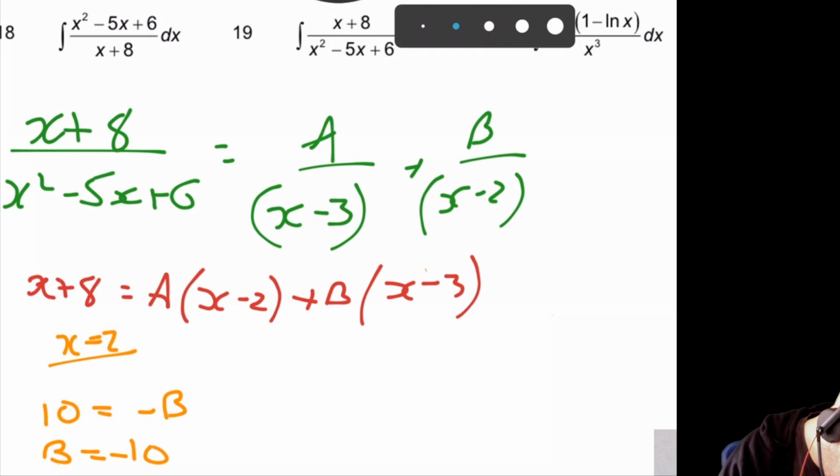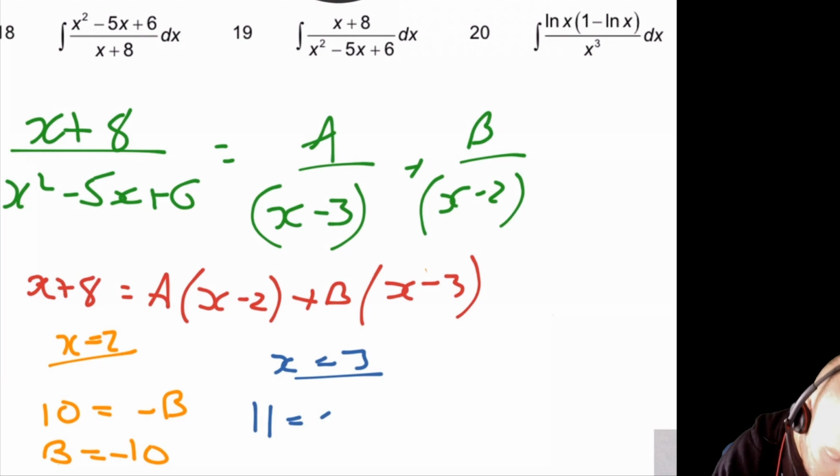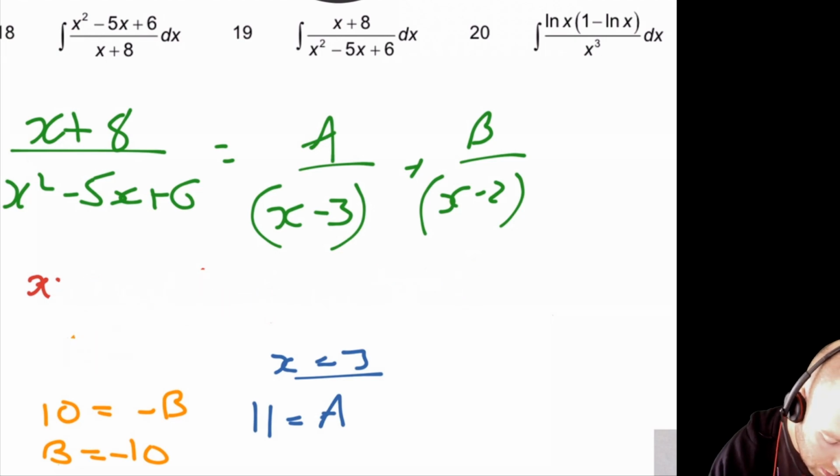Let x equal 3, so we get 11 equals, wait. I feel I've done something wrong. Oh, x equals 3 gives A. Yeah, cool. So 11 is A and minus 10 is B. So let's put those in and do the integral.